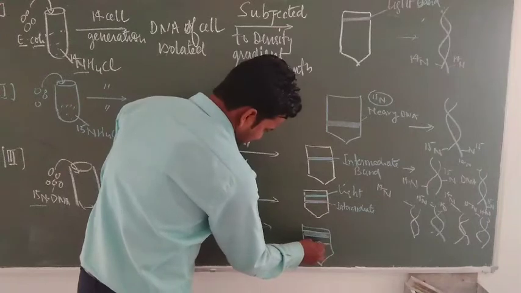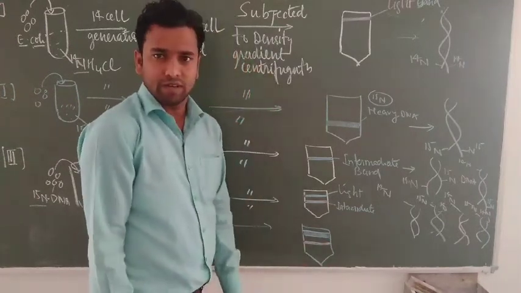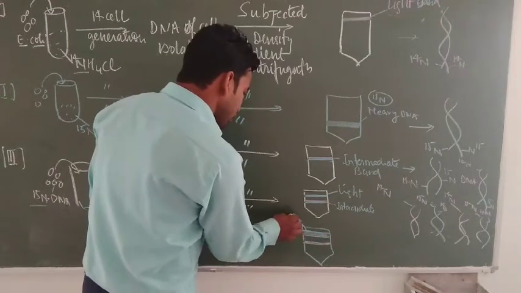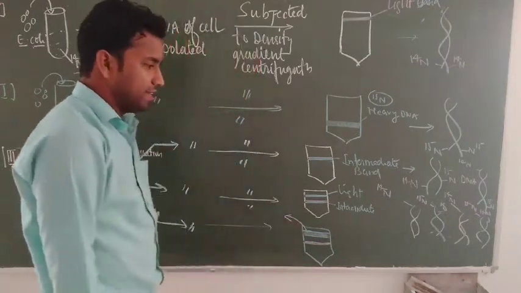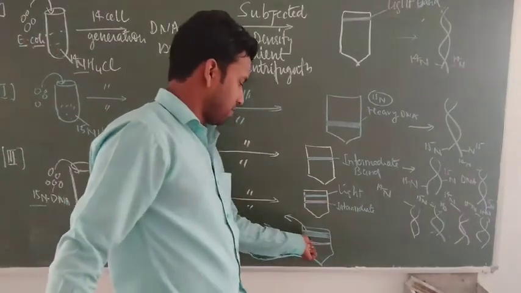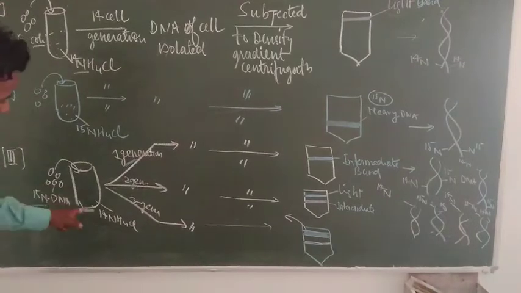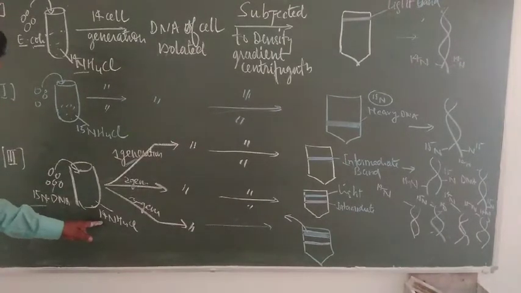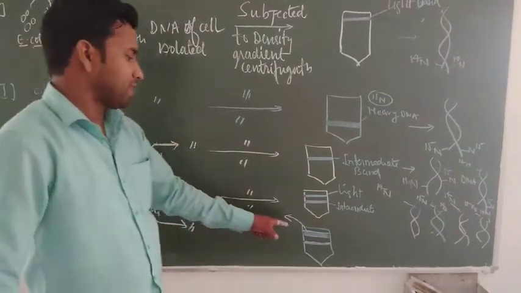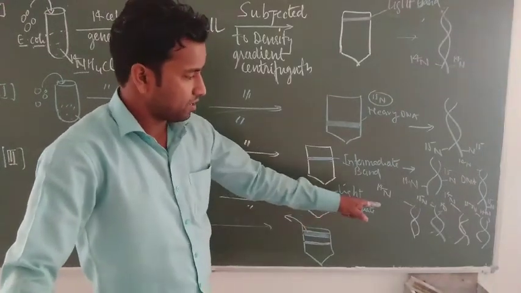It means that the parent copy is conserved in the form of an intermediate band, but because the bacteria are cultured in light nitrogen isotopes, the thickening of the light band forms constantly.